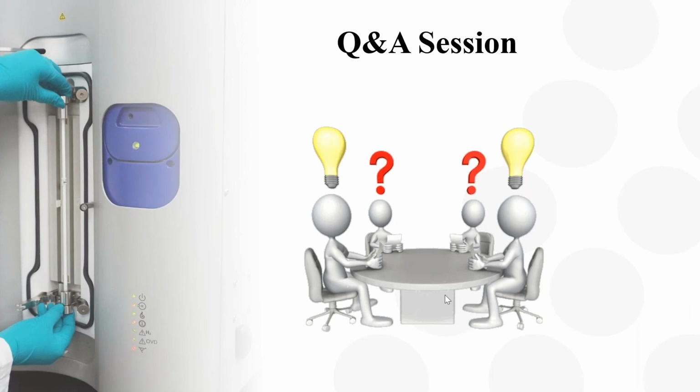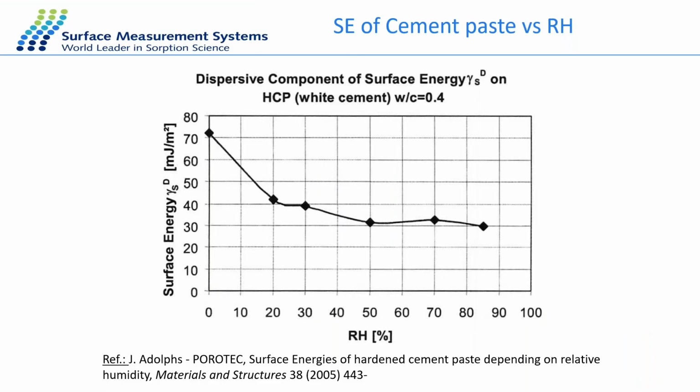It does, yeah. As I showed on the last slide, humidity can affect the surface energy as well. So in case of this sample, cement-based, you can see a decreasing trend with the relative humidity, but sometimes there's another trend.